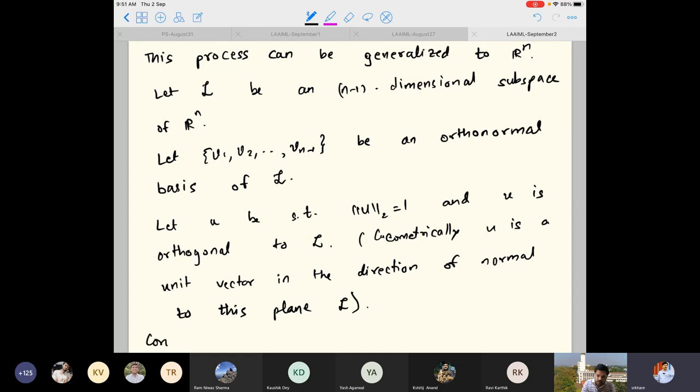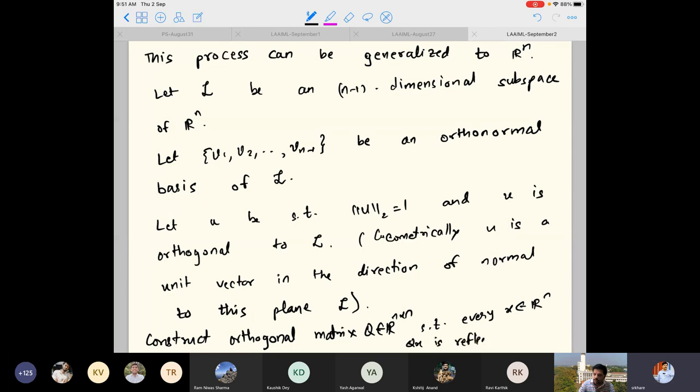Then construct Q such that, so construct orthogonal Q such that for every x in Rn, Qx is the reflection of x through L. So this is what Q will do.